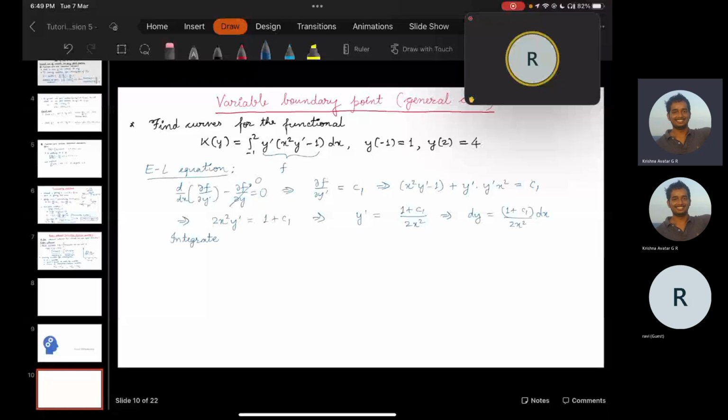At x is equal to minus 1, y is equal to 1.